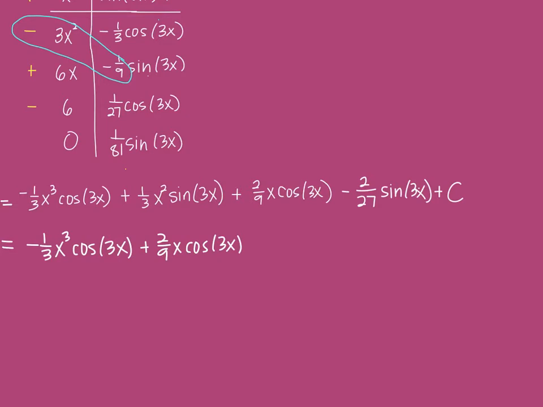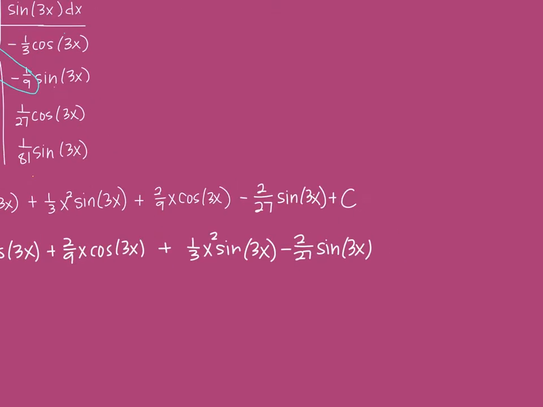So you're rearranging them according to their trig common terms, and then put the sine terms next. So 1/3 x squared sine 3x minus 2/27 sine 3x plus c.